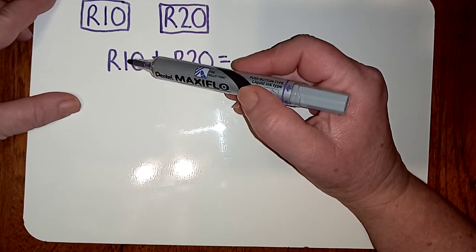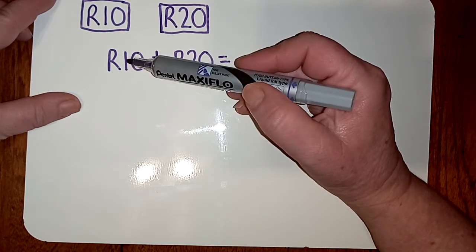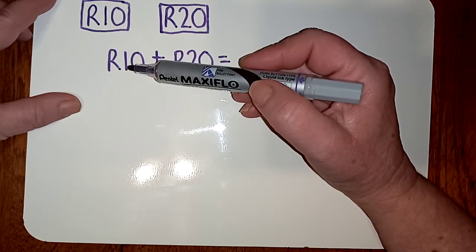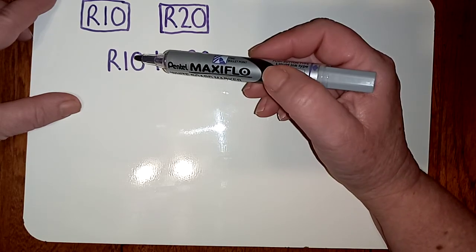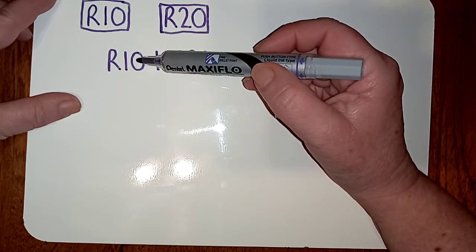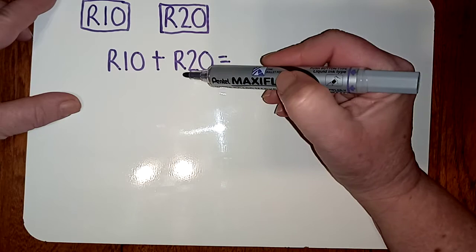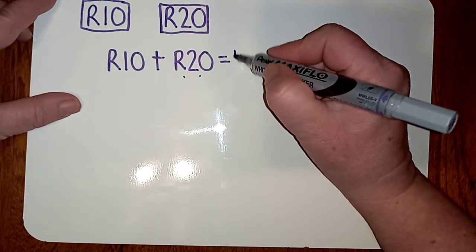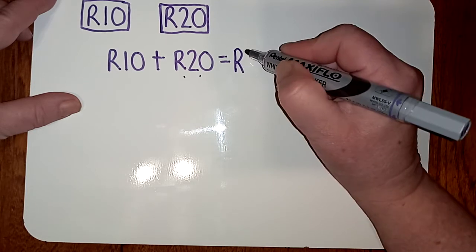Counting in tens, you can use your number chart or however you needed to do it. To get to the answer, I'm going to count in tens. So 10, 20, 30. So the answer is 30 Rand.